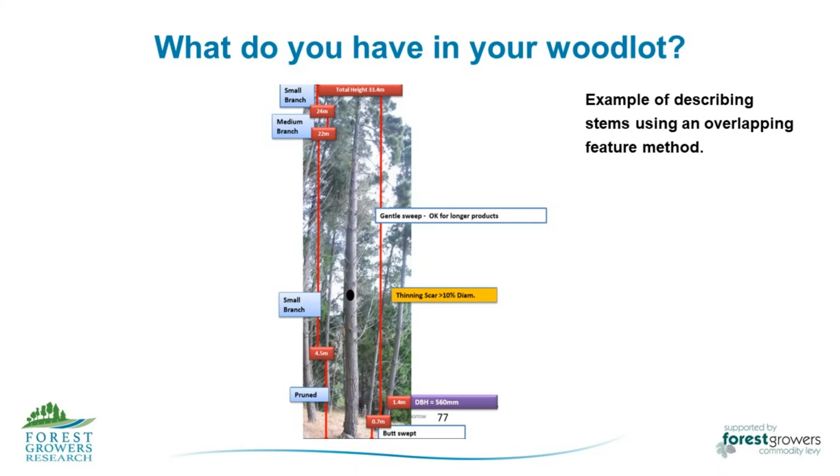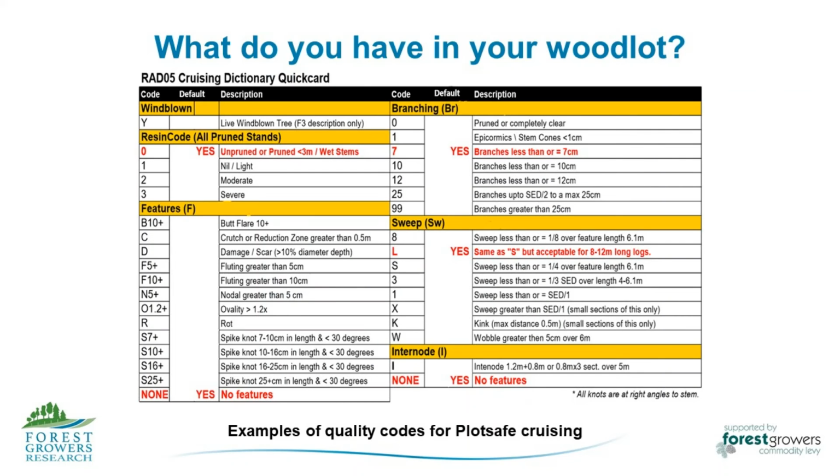Finally, the location of other features such as broken tops, scarring, rot, and forks are recorded. Tree measurement requires skill and training. This is an example of user-defined stem quality codes for use in plot-safe cruising.